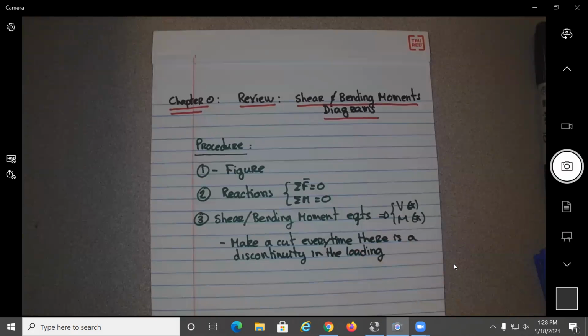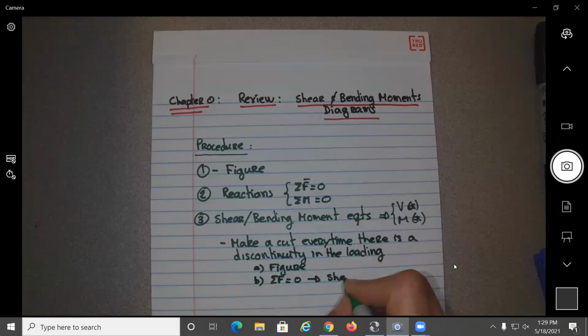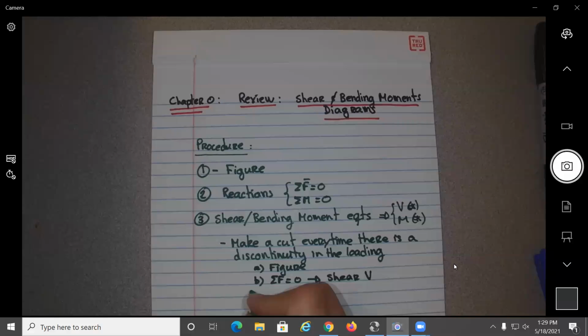So once you do the cut, again, you're going to have a figure. And again, you need to apply here, so if you want letter A, letter B, you use summation of forces equal to 0 to find the shear V in that section. And then you apply the moment equation about the cut in order to find the bending moment.